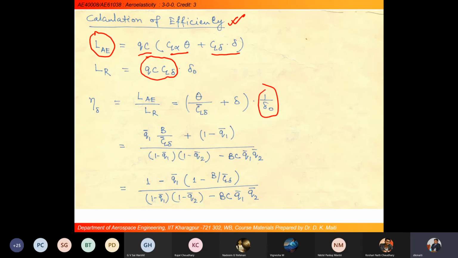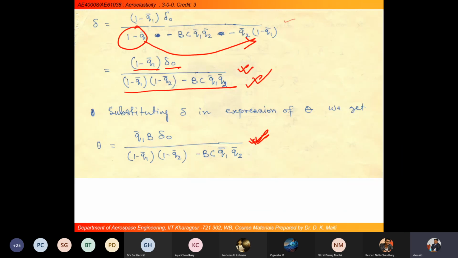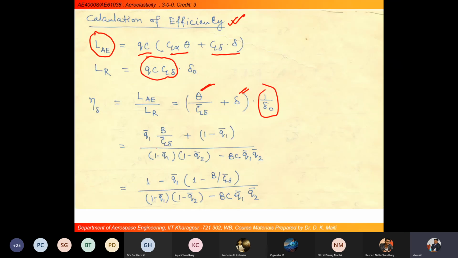And now we will be substituting the value of theta and delta. If you look at here, I have taken from these two equations theta and delta and substituted here. So it will be Q1 bar multiplied by B divided by CL delta bar plus 1 minus Q1 bar, and the whole thing divided by 1 minus Q1 bar multiplied by 1 minus Q2 bar minus BC into Q1 bar Q2 bar.